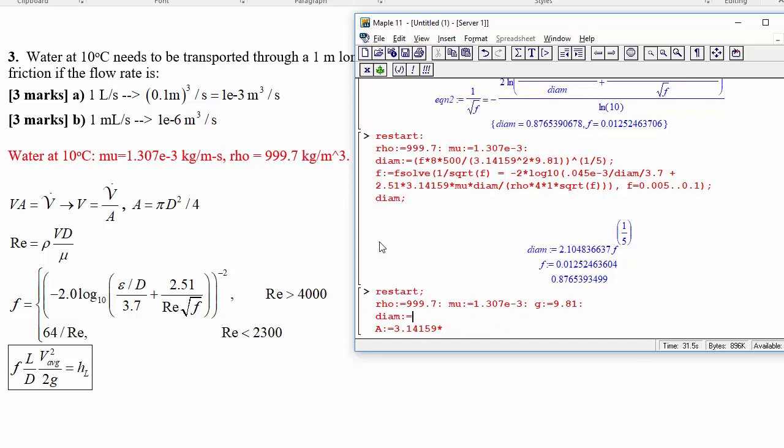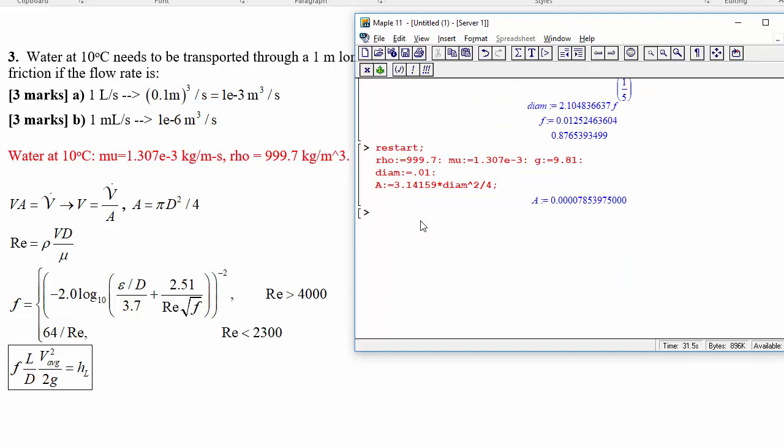I guess we'll put in that. Diameter is 0.01. Diameter squared over 4. Area looking like 79 e minus 6 square meters. Quite small, but it is a very small diameter.